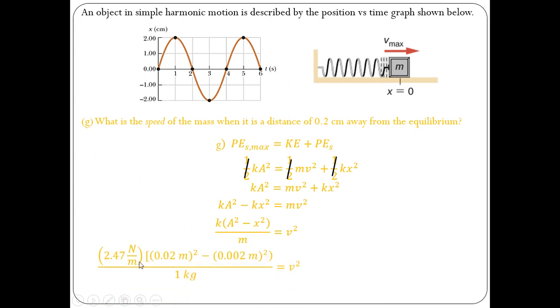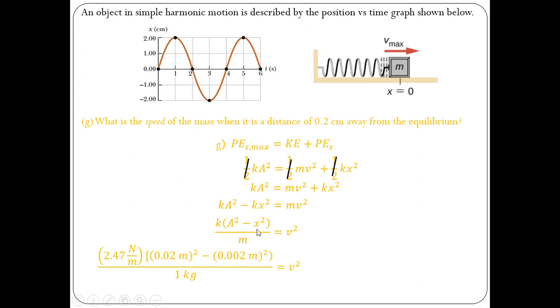I do want to point out, however, that the unit for k here is newtons per meter. And it's important that you understand and write out stuff as you practice. A here is 2 centimeters. Centimeters does not match with meters in the spring constant unit. So it's important that you convert the amplitude, which is 2 centimeters, to meters. And so 2 centimeters is simply 0.02 meters.